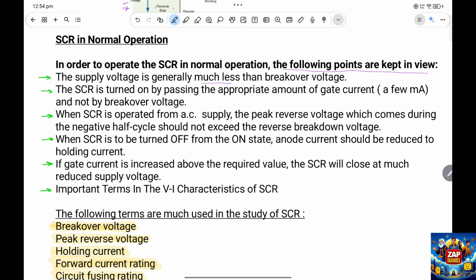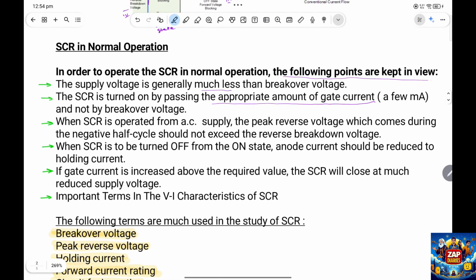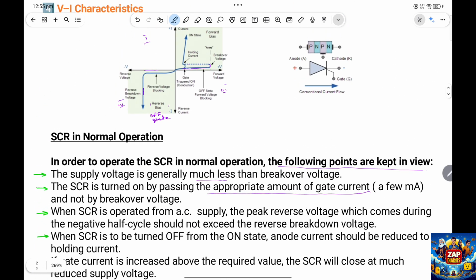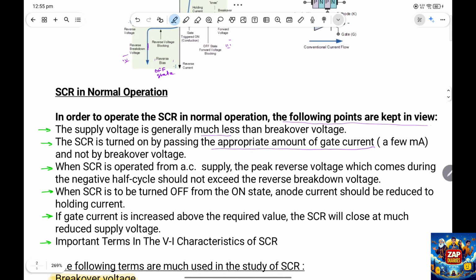The SCR is turned on by passing the appropriate amount of gate current, say a few milliamps, and not just by breakover voltage. If you try to turn on an SCR by the breakover voltage method, after a certain rise, it will turn off automatically.